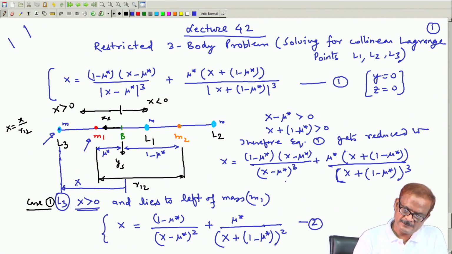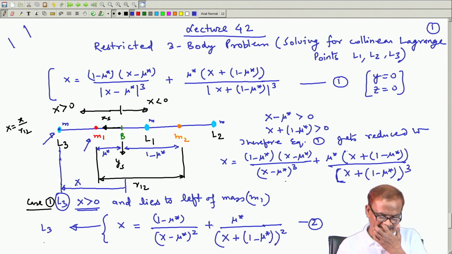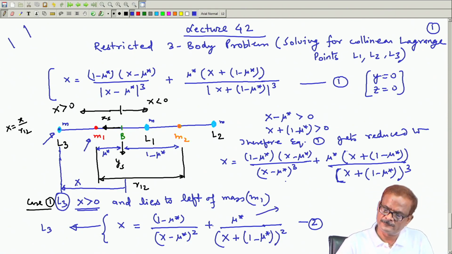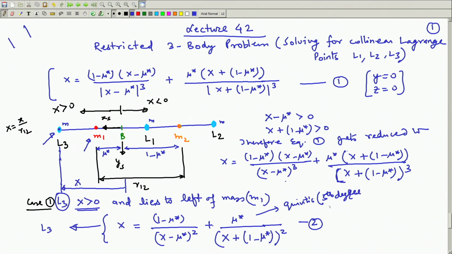This equation gives you the solution for L 3, and this gives you a quintic, which is basically a fifth degree polynomial.